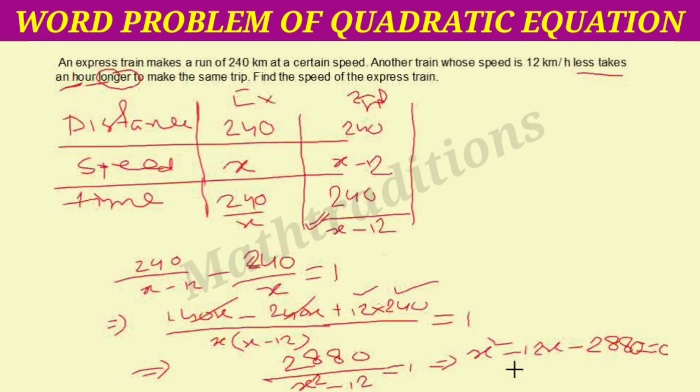This is the first part of this problem. In this problem, two parts are there. First part is to construct the equation, and second part is to solve this equation. If you make this table, the problem will be easier to construct the equation.